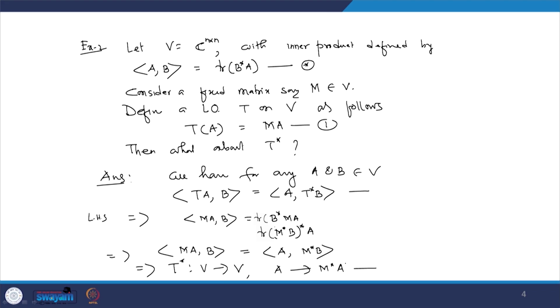Now, let me take an example over an infinite dimensional space and see how to find the adjoint operator for that space. Let V be the space of all polynomials over C. I mean to say the coefficients of the polynomials are complex quantities.